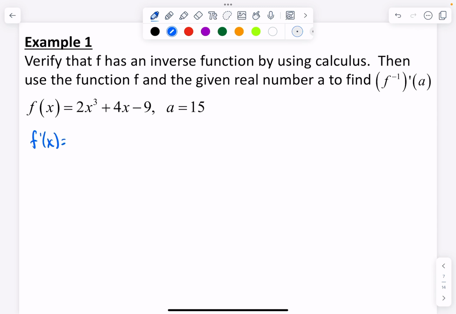That is 6x squared plus 4. We know f prime of x is greater than 0 for all x. The inverse is a function.